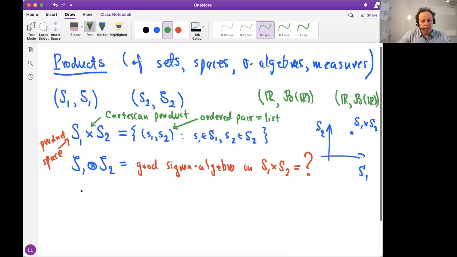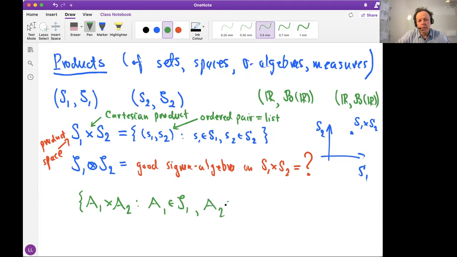Let's look at the set. A natural thing to define this would be that we take the products of all measurable sets. So we take A1 and A2, with A1 being in S1 and A2 being a measurable set in the other sigma algebra.